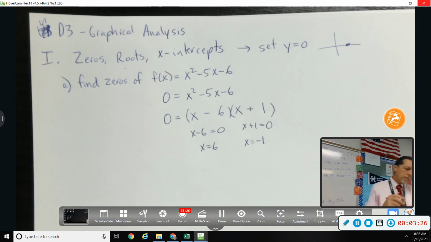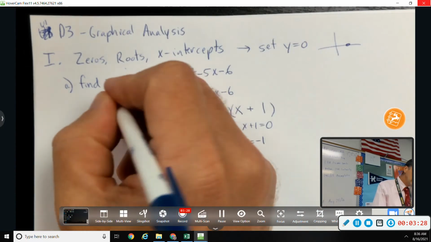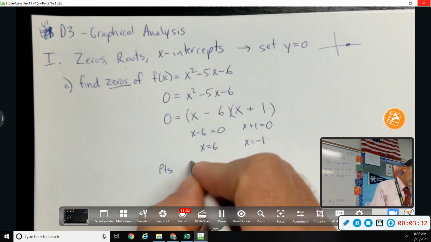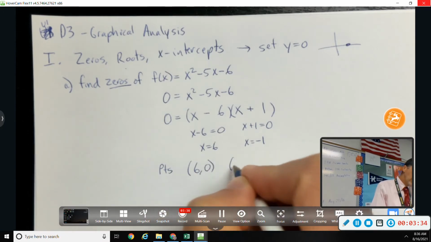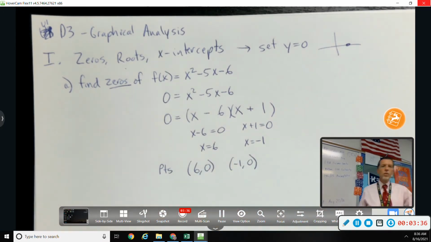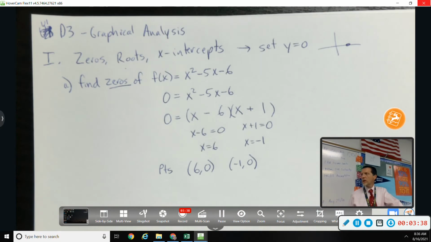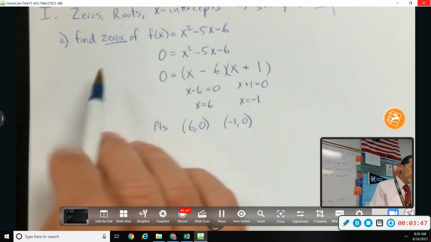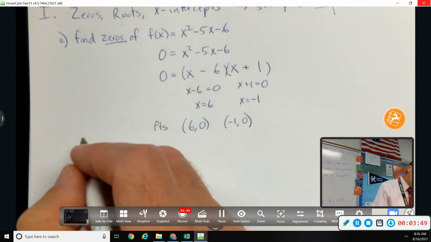And let's write these as points. So x is 6 and y is 0. That's a little bit more specific. So the zeros are where it crosses the x-axis. So it crosses at 6, 0 and at negative 1, 0. So a little bit of vocabulary, a little bit of factoring.